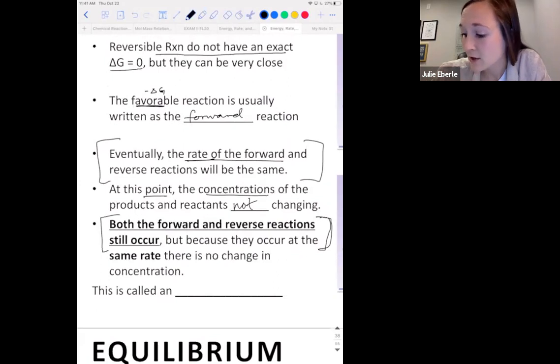Both the forward and reverse reactions still occur, but because they occur at the same rate, there's no change in concentration. Eventually you reach set amounts of A and B and C and D because you're remaking A and B at the same rate that you're making your products C and D. This is called an equilibrium.